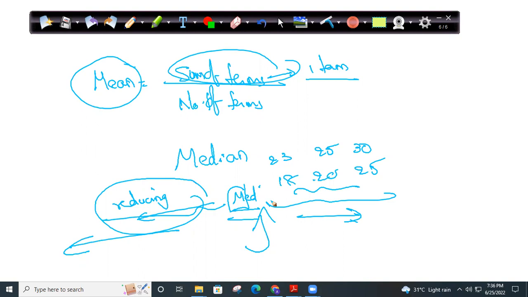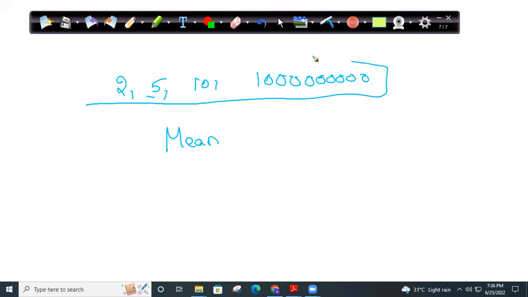Okay? Next, most important concept. See here. Students will not recognize this as part of the exam. Now, I want to find mean of 2, 5, 10, and 1,000,000. Now, what is the mean of this? Listen here. I see frequent questions on this concept. They don't give numbers. That is a problem, right?